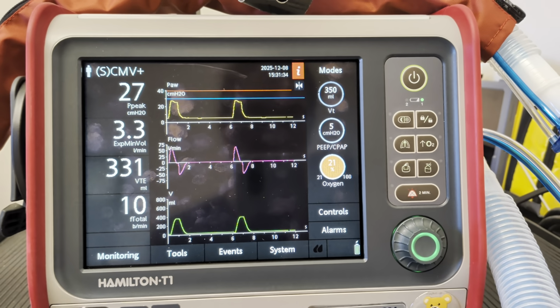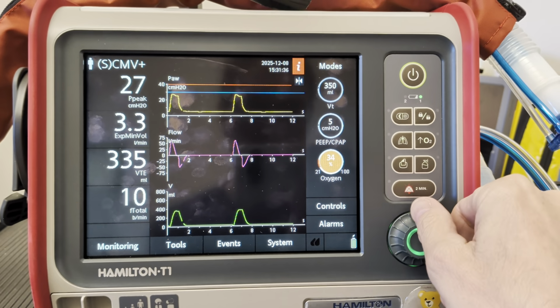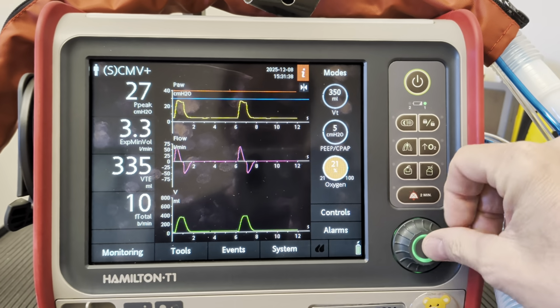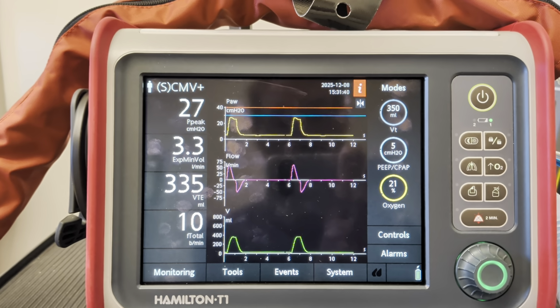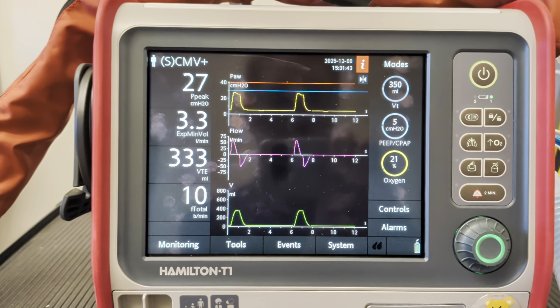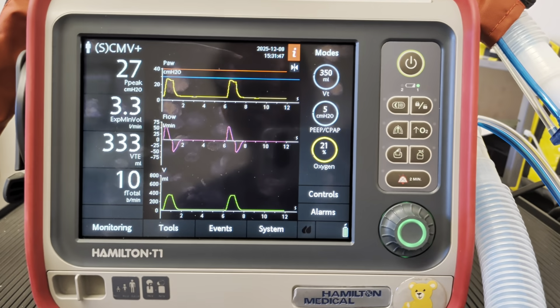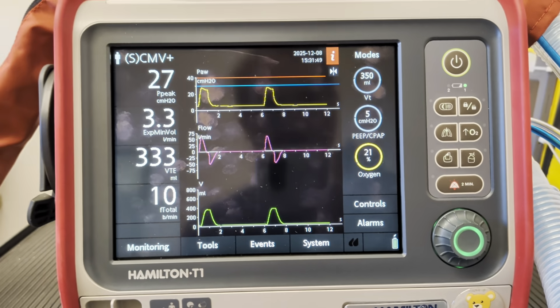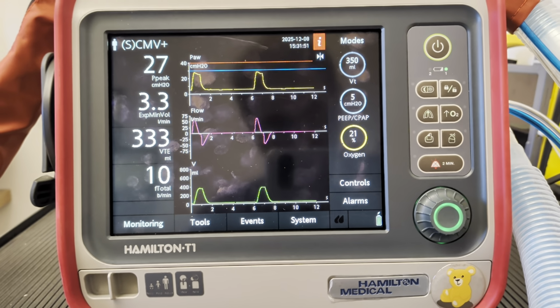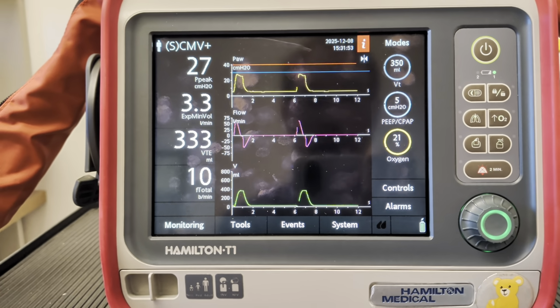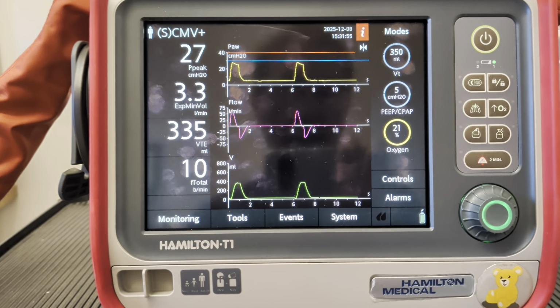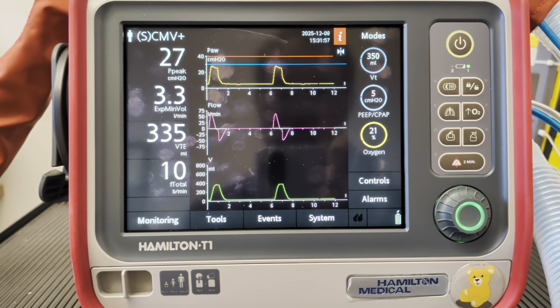If I increase the FiO2, I increase the concentration of oxygen, the number of oxygen molecules in the gas that is being delivered. And so I'm going to increase the concentration gradient that will tend to drive more oxygen across the alveolar capillary membrane into the patient.